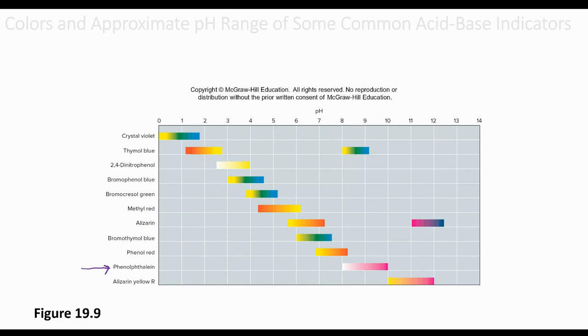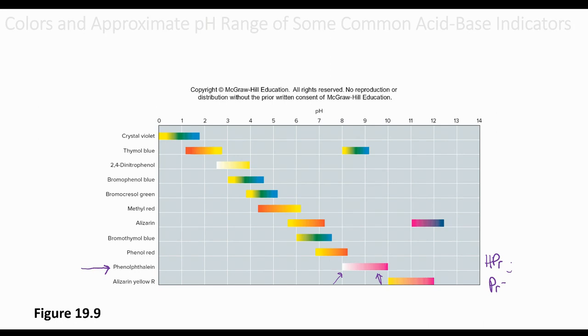It itself is an acid, and it has a color change band where its weak acid is one color, and then the conjugate base is a different color. And if you notice, it goes from light pink to really dark pink. And so its pH range is between 8 and 10.